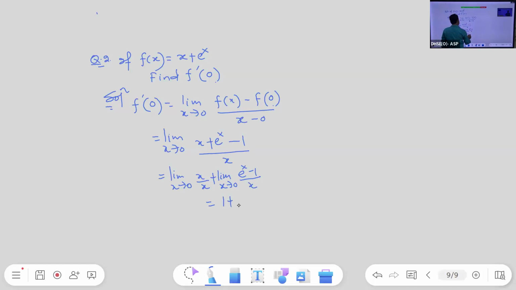This is equal to 1 plus 1, which is equal to 2. Okay. I hope it is clear to you. Then come to the geometrical interpretation of differentiability.